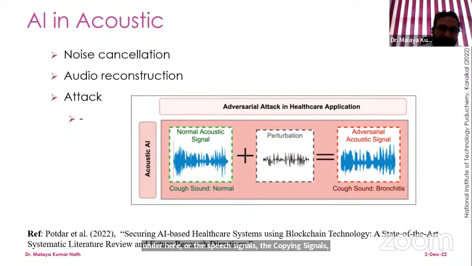When a perturbation attacks these normal acoustic signals, the cough cannot be easily detected, and we cannot notice the changes occurring. Similarly, in the case of ECG and EEG, the perturbation leads to misdetection or misclassification of the abnormalities present in the heart, or of the different waves generated from the brain or different parts of the brain.